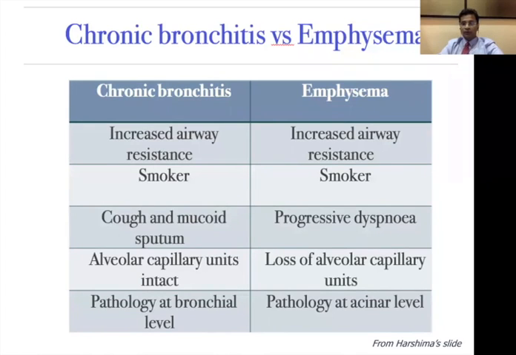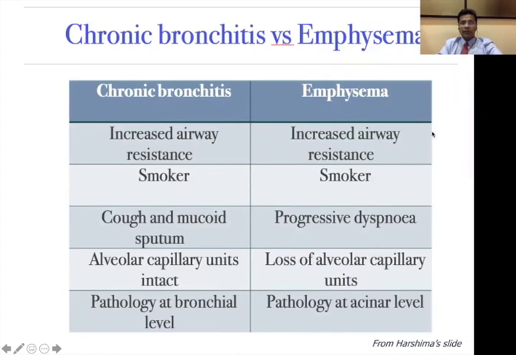You know that there are ways of measuring this diffusion, using carbon monoxide diffusion factor as a measurement. Whereas in chronic bronchitis, the pathology is more at the bronchial level, and these alveolar capillary units are not damaged. They remain intact, and there's hardly any change to diffusion across the alveolar capillary membrane.